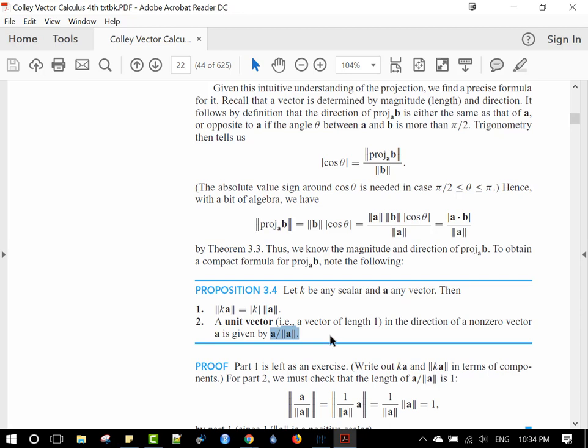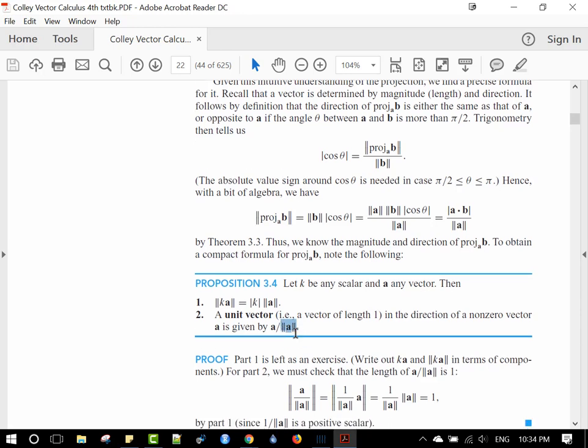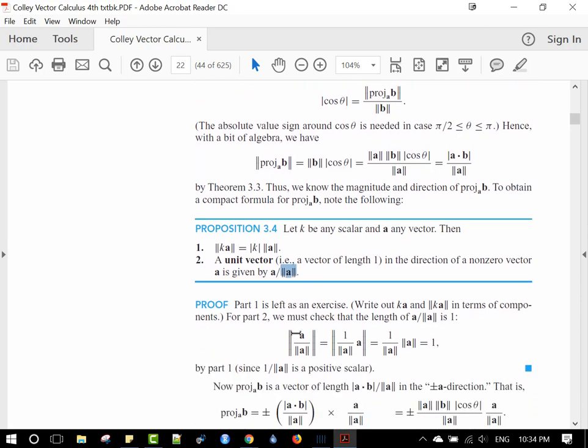Well, A on top is a vector, divided by a number. So this is a vector multiplied by 1 over a number. So yeah, that's a vector. And it turns out that this is of length 1. So let's try and show that.